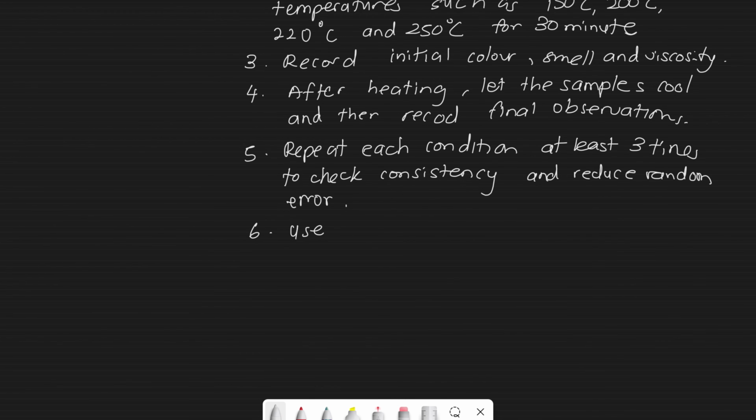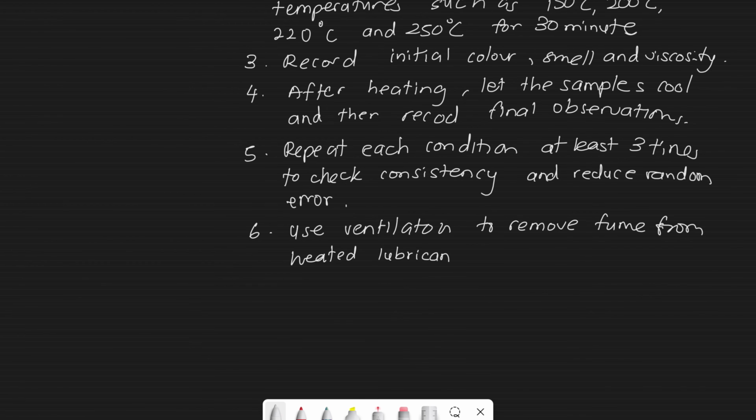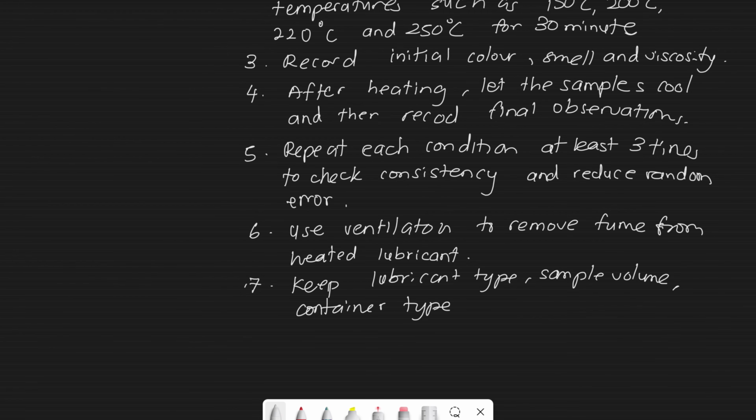And 6, use ventilation to remove fumes from heated lubricant, and then make sure you use the same lubricant type, sample volume, container type, exposure time, and observation method.